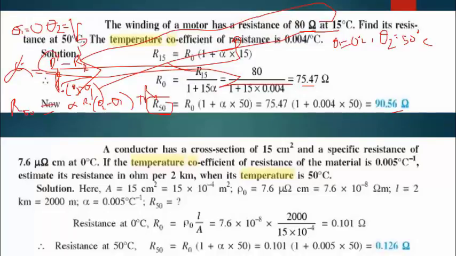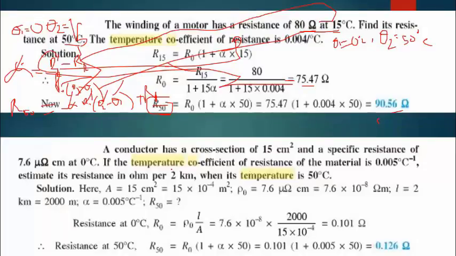At the first temperature, which we took as 15, you put alpha as 0.04, and you put R naught, the one which you have calculated. Theta 2 in this case is 50, and theta 1 is 15. R1, where the first temperature is 15, is 80. So solving for that, you'll get the same answer.